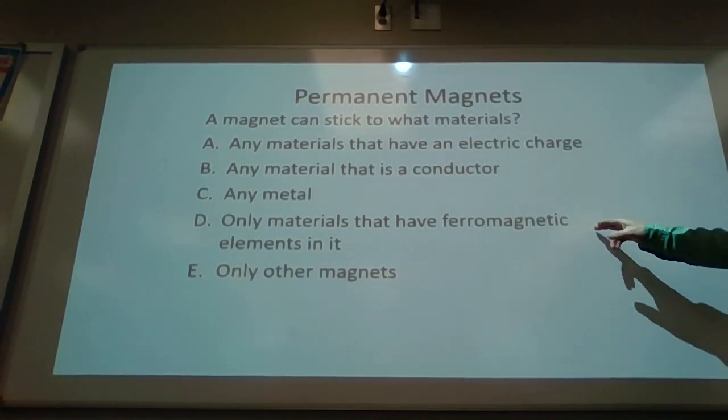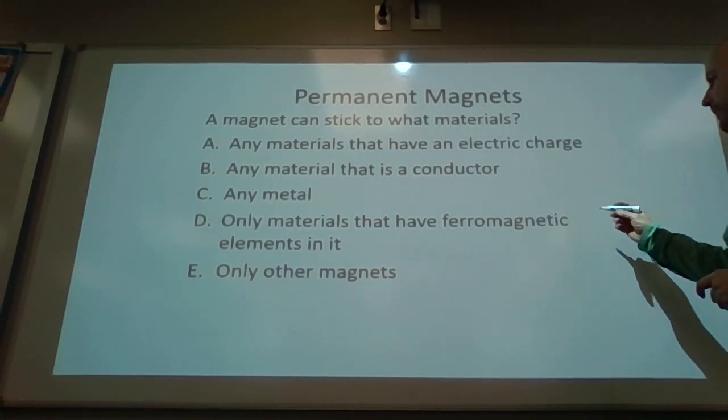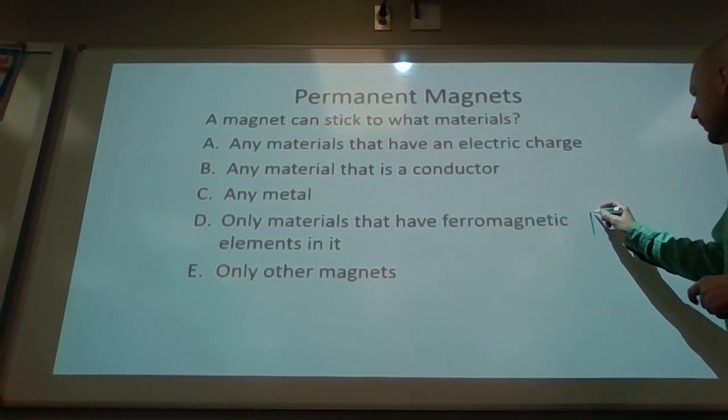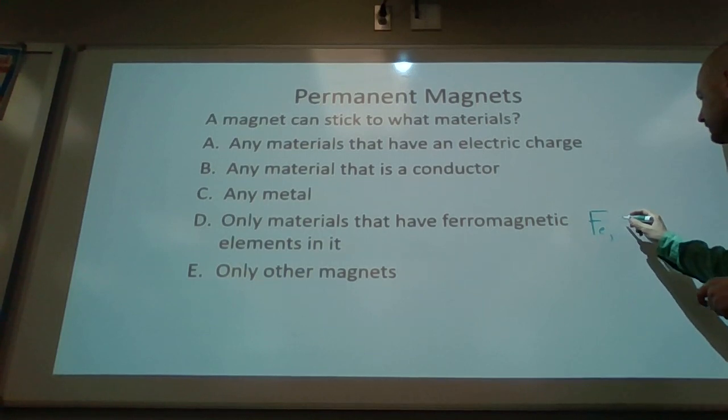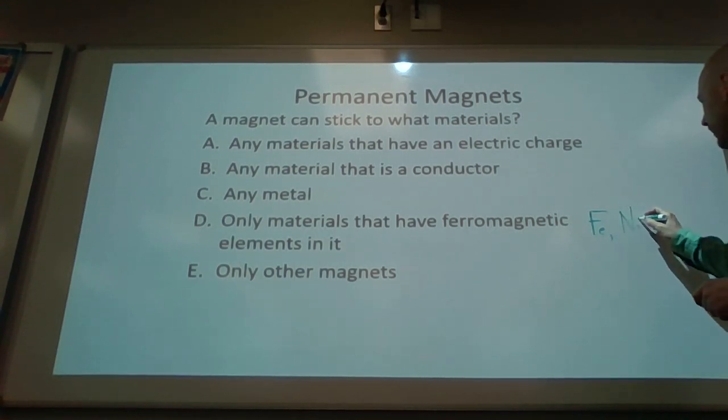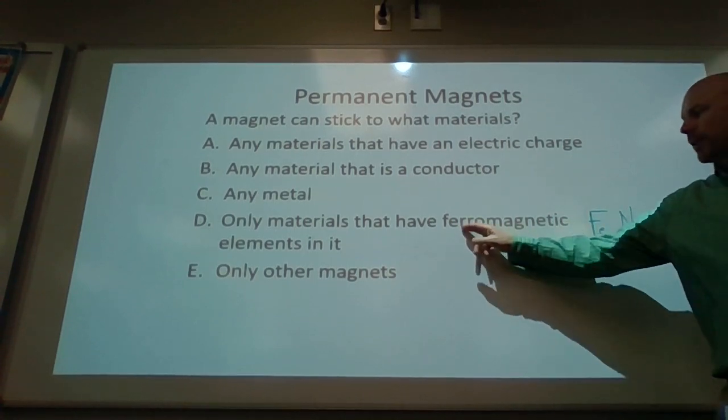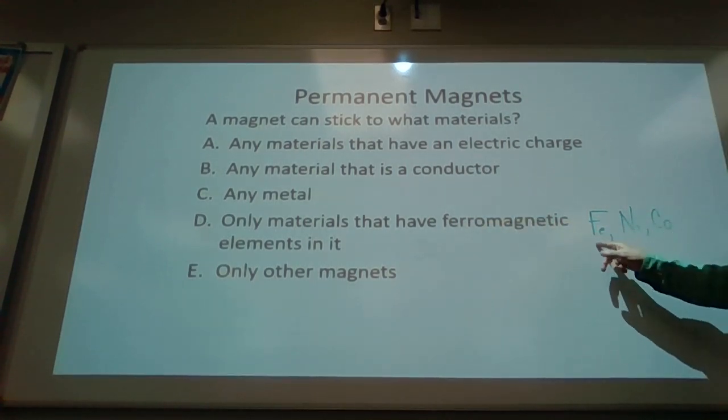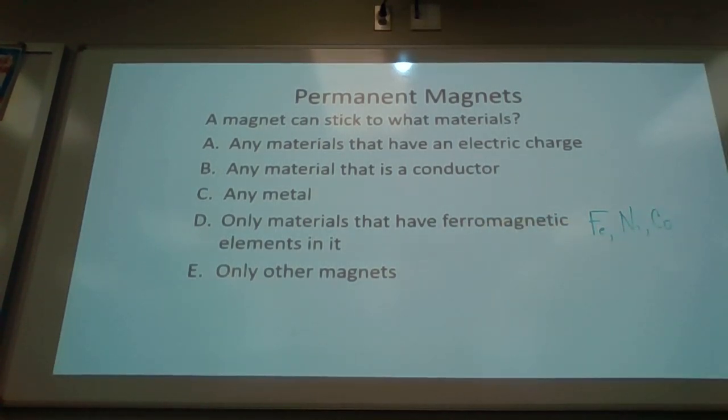Correct answer is D. Those ferromagnetic elements are iron, nickel, and cobalt. The ferro has to do with iron. I don't know if that's Latin or Greek for iron, but it's one of those.